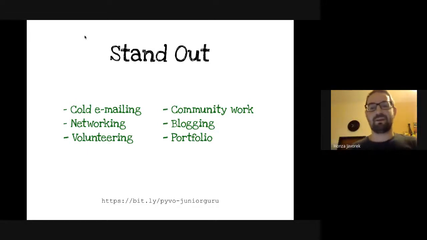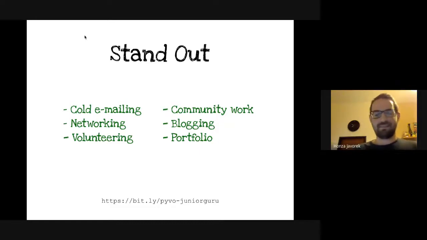Volunteering, community work, that's slightly related. I think in the Python community there are many opportunities to get involved, to help with a PyLadies course, or even with organizing this meetup itself. You'll get visibility. When you get to organize something, you don't even need to be able to code, but you get visibility, you get the connections.